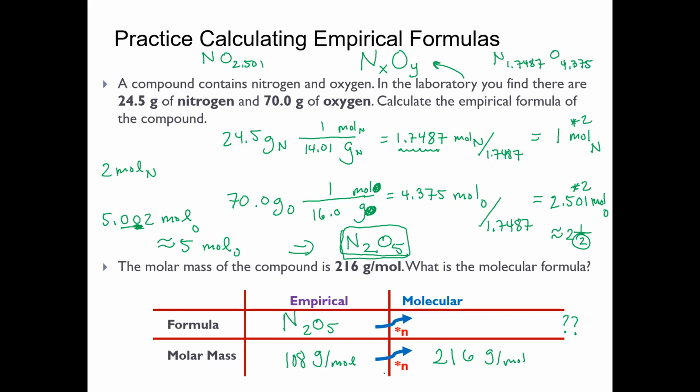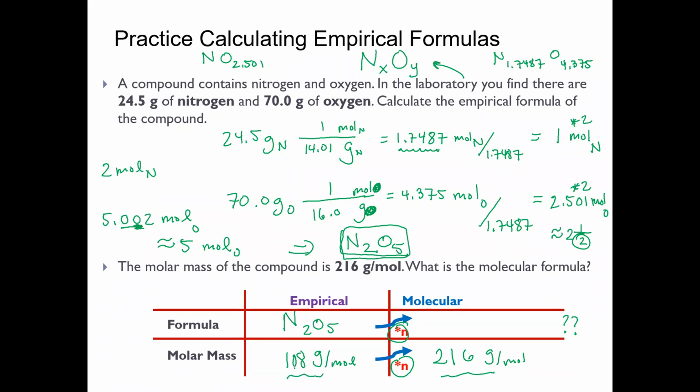The idea here is that our molecular formula is some number of these empirical formula units. Maybe it's just one of them, maybe it's 2 of them stapled together, maybe it's 3 of them stapled together. The number of units stapled together is this n value. And this scaling factor n, it's related to our formulas, is also related to how heavy these formulas are.